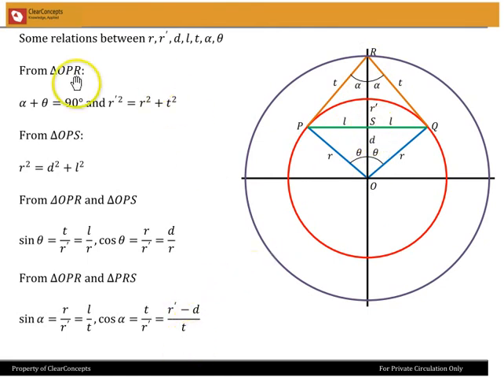So there are a number of relations that we can use, and given any two of these quantities r, r dash, d, l, t, alpha and theta, we can find the other five.